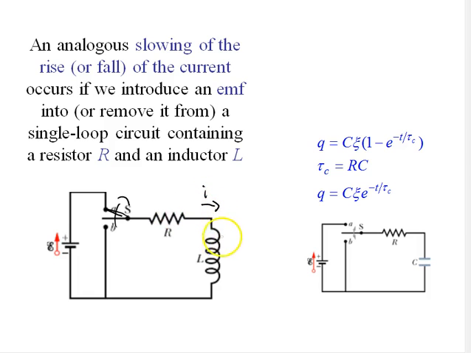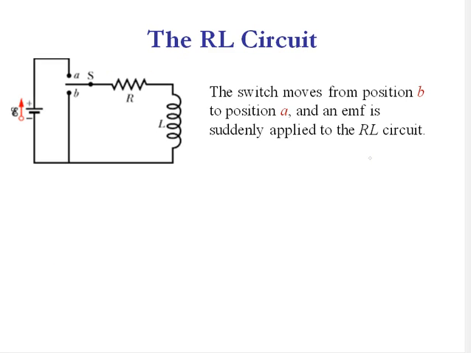But the current cannot change instantaneously in the inductor, just like the charge on the plates can't arrive instantaneously on the capacitor, which meant that the voltage couldn't change instantaneously across the capacitor. So we'll have similar charging and discharging equations, and we'll solve for a similar time constant.